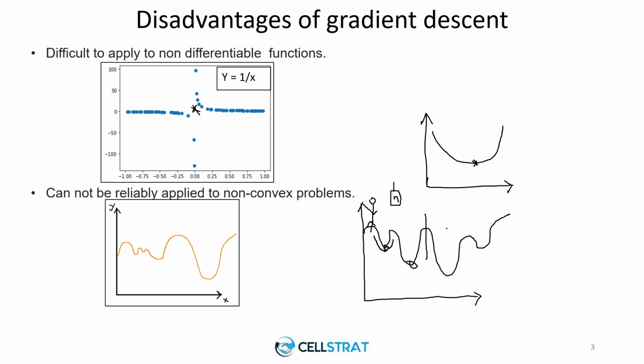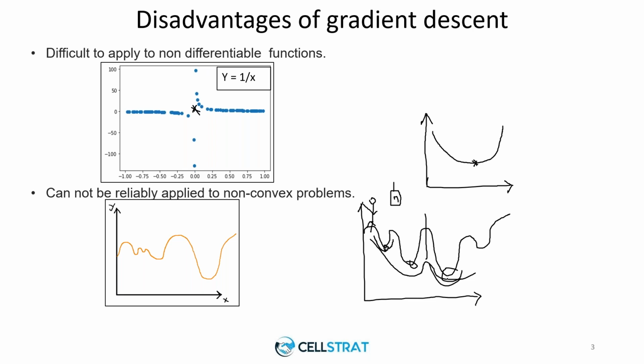Another problem could be that even if you manage to evade all this and reach the deepest point, it might take a lot of time, right? It may take a lot of time to reach the deepest point of your landscape, which is the global minimum.